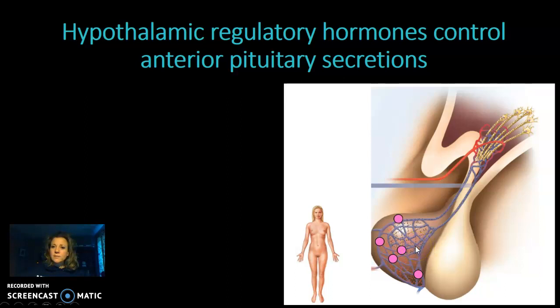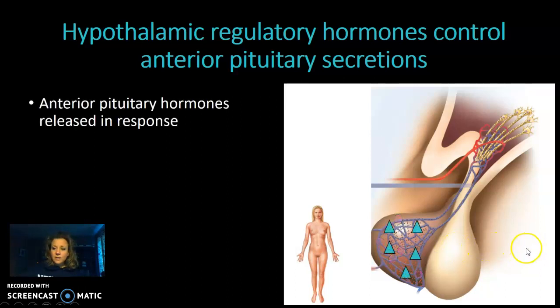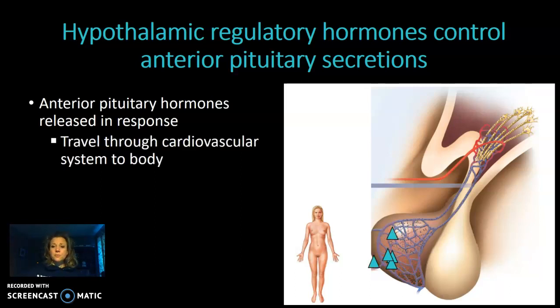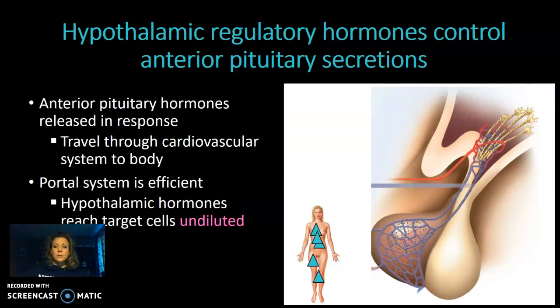The target cells of the anterior pituitary gland are going to synthesize their hormones, see how that changed over to the blue square triangles. Those hormones then enter the capillary bed, leave through the general circulation, and get pumped throughout the body by the cardiovascular system. The importance of this is that the hormones that reach the anterior pituitary gland are undiluted by the blood, so the anterior pituitary gland is always getting a full strength signal.